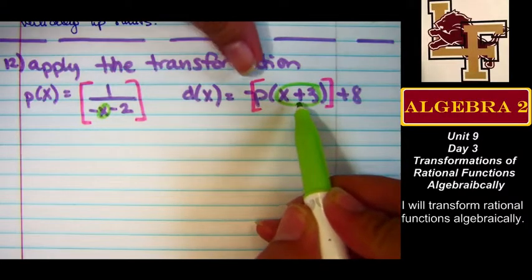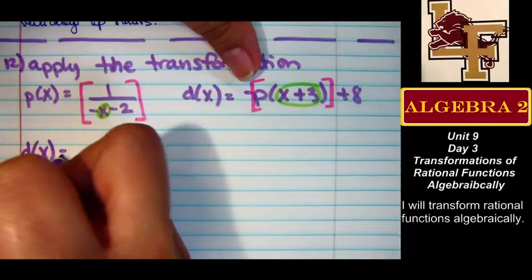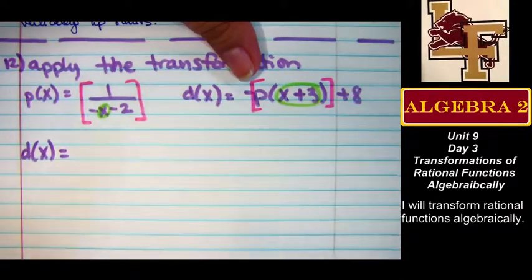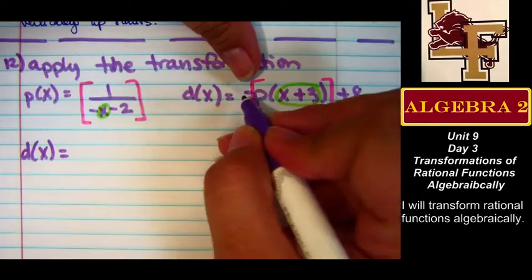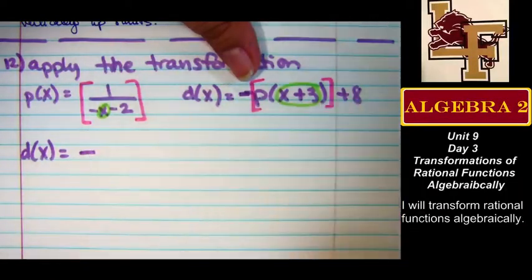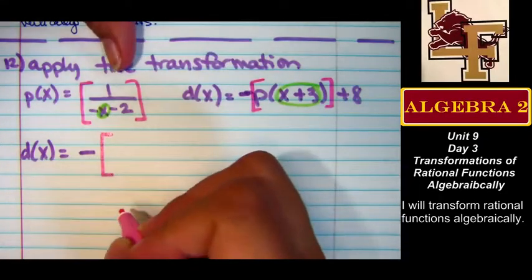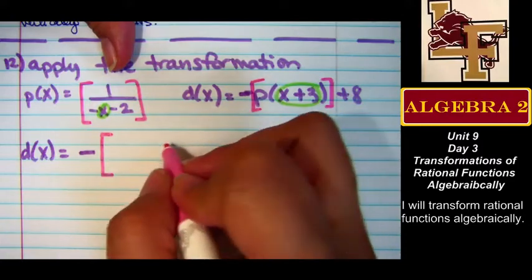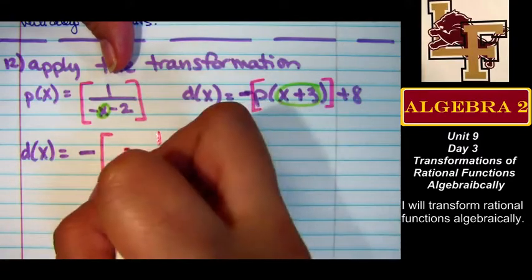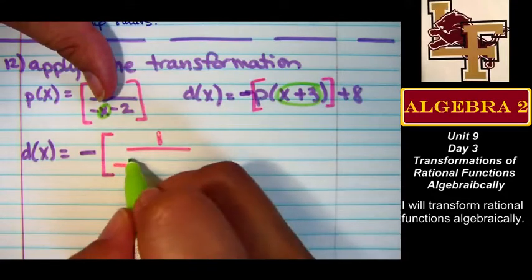So I'm going to rewrite d of x with the following changes. The first thing I see on d of x is a negative. Then I have my box. In my box is the p of x function, which is a 1 up here, and then a negative. And as I see, I've circled my x.